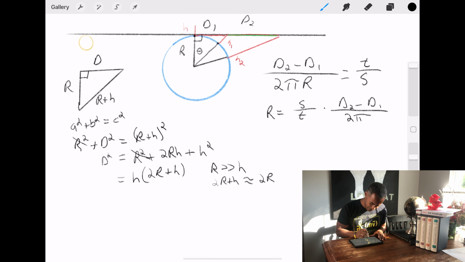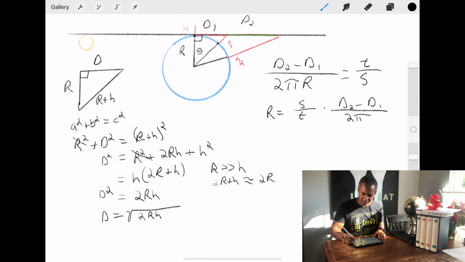Okay, so if we replace this with 2r, we have 2rh here. We multiply the h back out, and that's equal to d squared. And now we just want to take the square root of both sides: d equals the square root of 2rh.